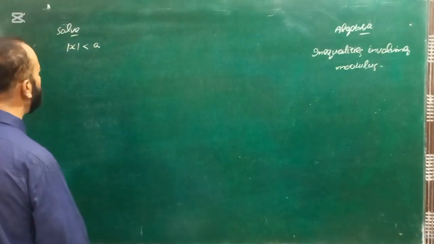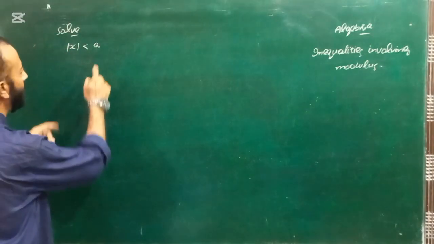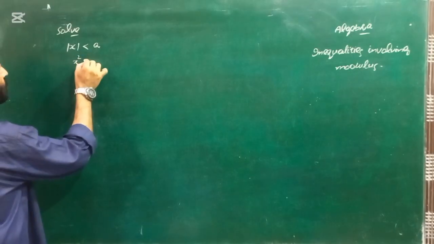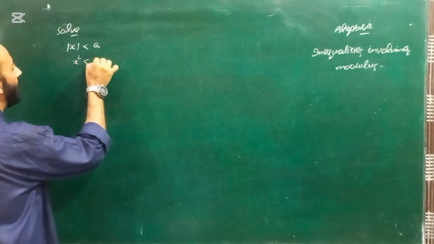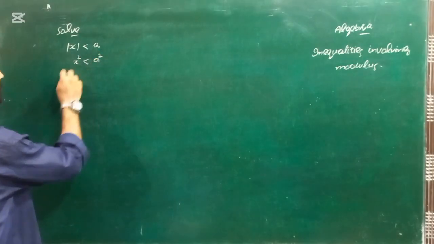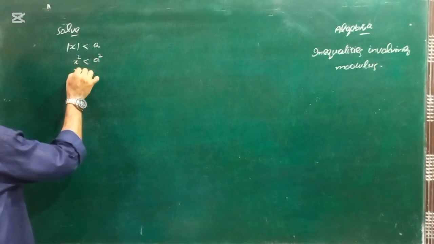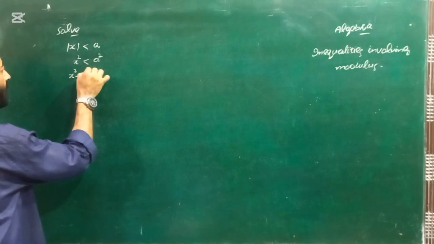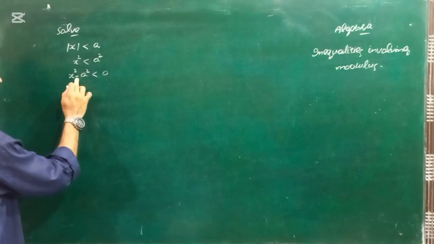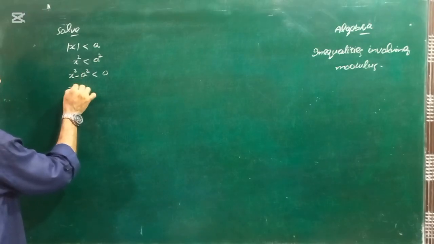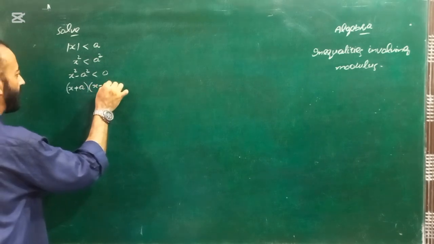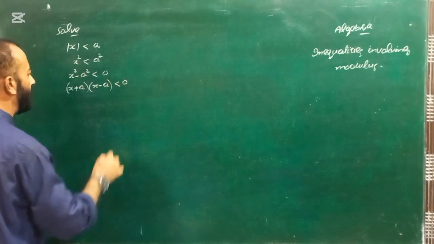So here is a question. Modulus of x is lesser than a. So taking squares of both sides, x square will be lesser than a square. So a square will come to the left hand side. So x square minus a square is lesser than 0. From here, 2 squares are there in between minus signs. So one time these will be added and second time subtracted. Lesser than 0 is still there.